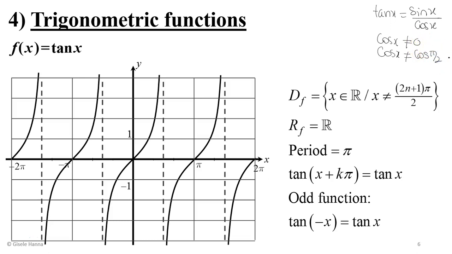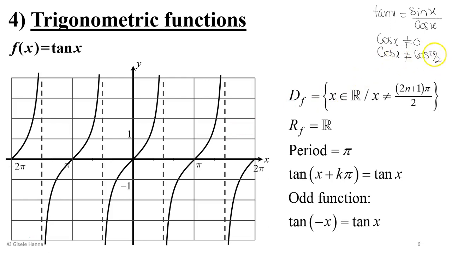Pi over 2 is one of the angles that would in fact have cosine equals to 0. So over here, we have seen in a previous lesson on trigonometric equations that two angles have the same cosine if they are equal or they are opposite.